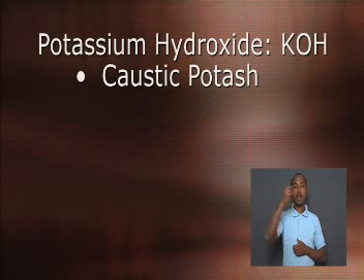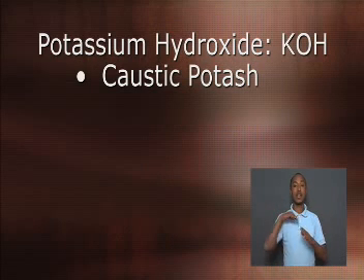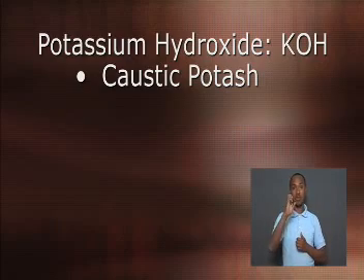Potassium hydroxide is another base that we discussed in our last lesson. It is also referred to as caustic potash. Potassium hydroxide is a stronger base than sodium hydroxide. It is also more expensive.